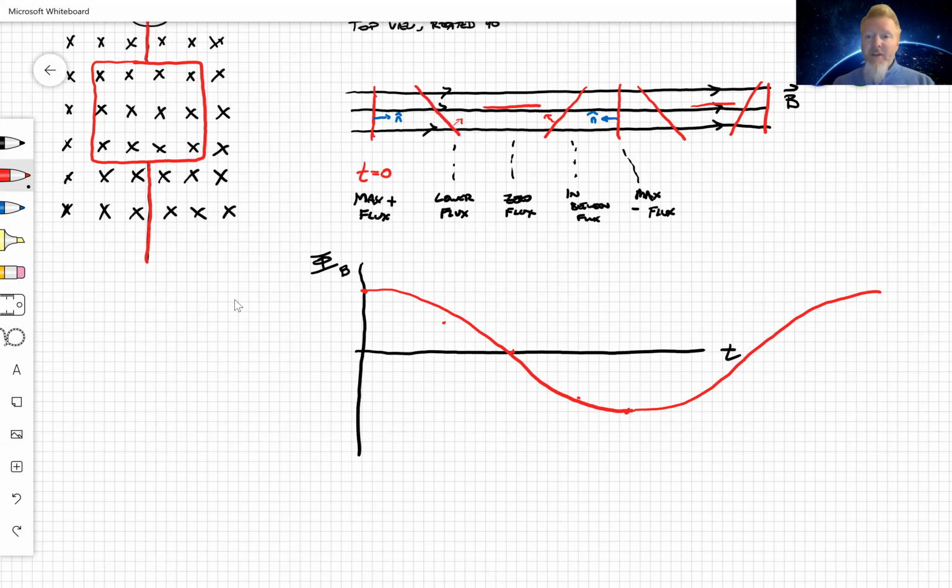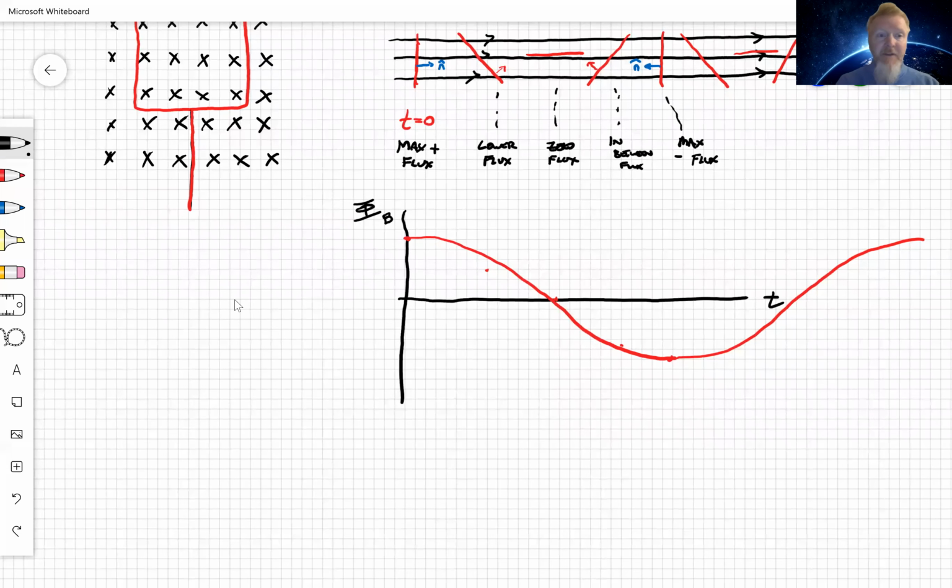The flux therefore looks like a cosine, and that comes out from basically thinking about the dot product between the n hat and the field. So if I take a look at the flux, let's see if we can see this mathematically. B dot dA through this surface. B is a constant, so out it comes.